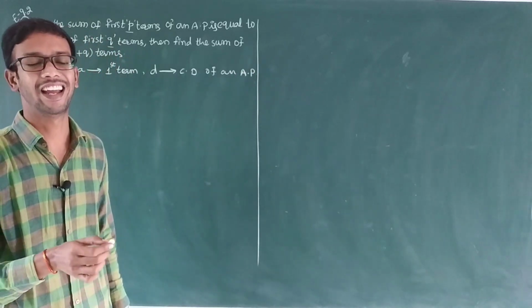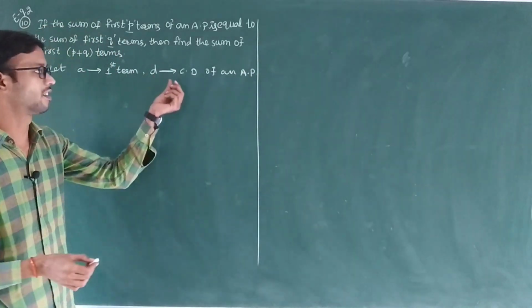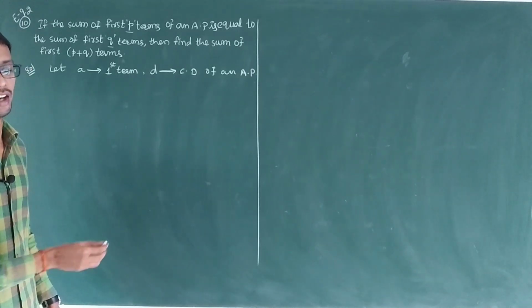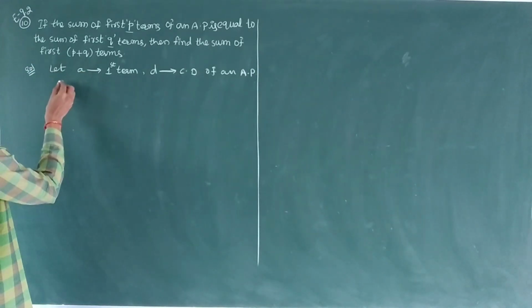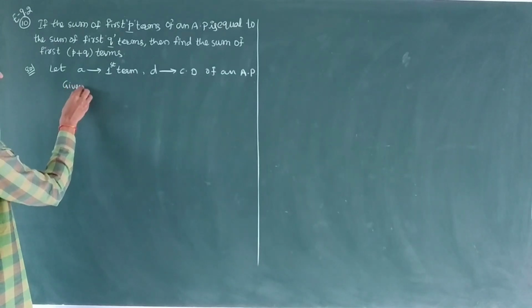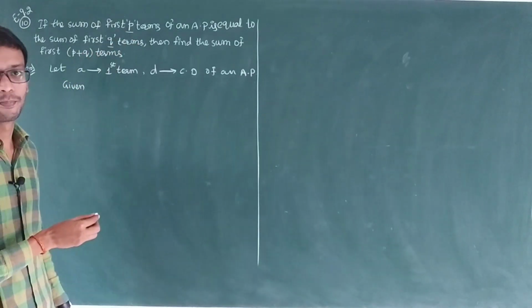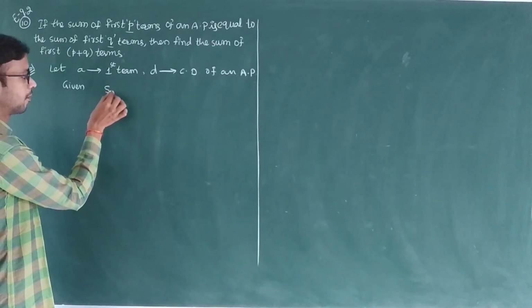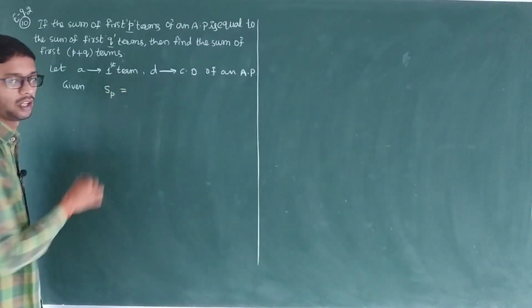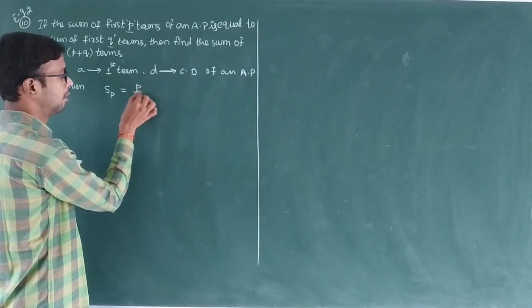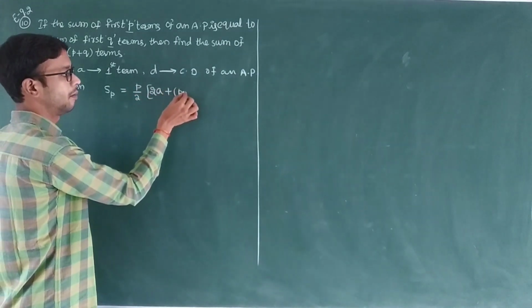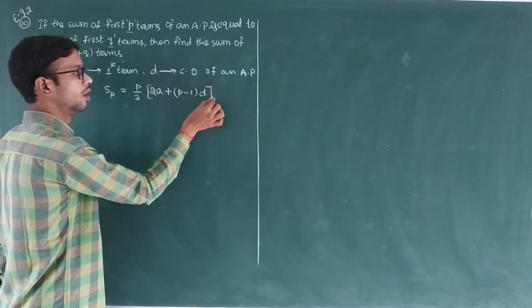What is given? Given the sum of p terms, that is, S_p is equal to p by 2 into (2a plus (p minus 1) into d).